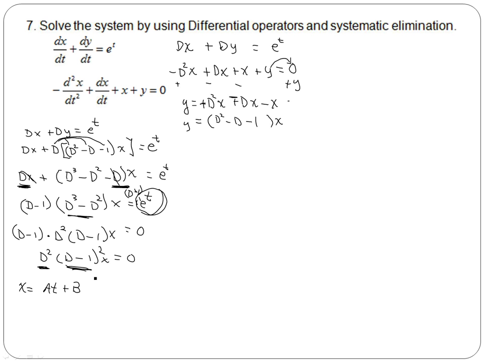D minus 1 squared: a D minus 1, just like here, annihilates e to the t. Whoops, not a. I have to use a different letter. c e to the t. And because I square it, it also will annihilate a dt e to the t term. So here's my solution for x.